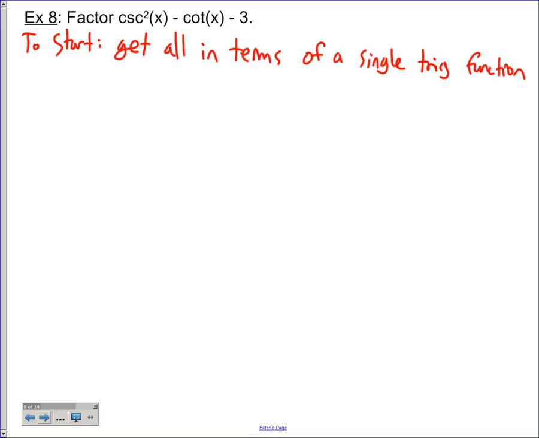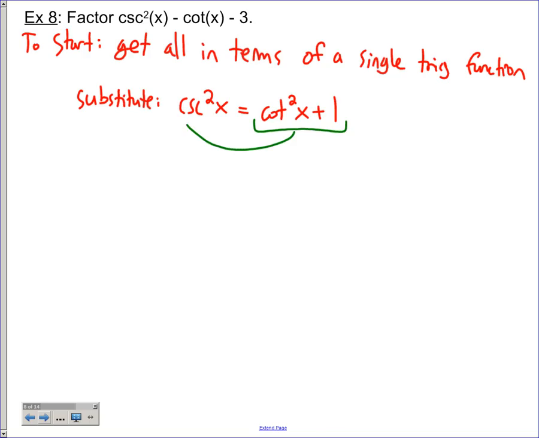Okay, so let's rewrite our cosecant squared using our Pythagorean identity. So we're going to substitute cosecant squared x, which is equal to cotangent squared x plus 1. So this is going to go in up there for our equation.